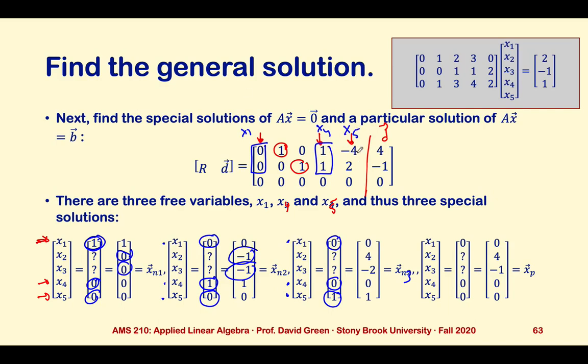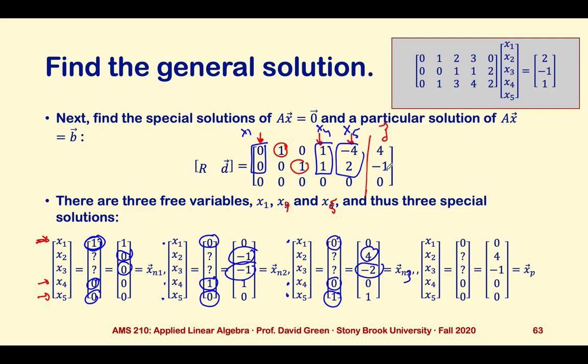We have a -4 corresponding to x2, so that becomes a +4 in the vector, and a 2 corresponding to the x3, so that becomes a -2 in our vector. 3 free variables, 3 special solutions read off of this matrix.